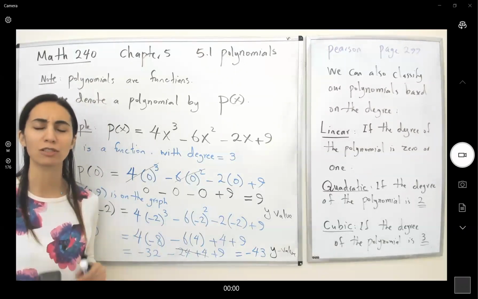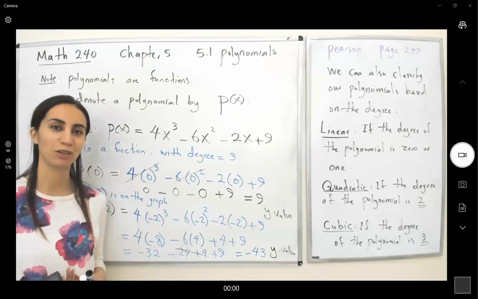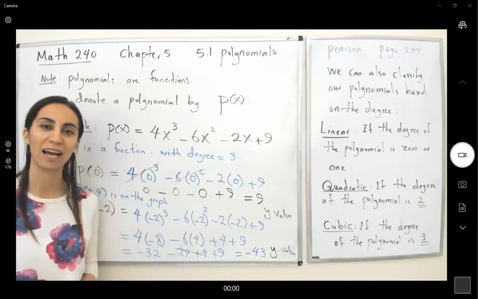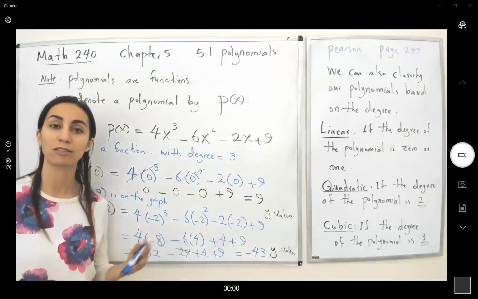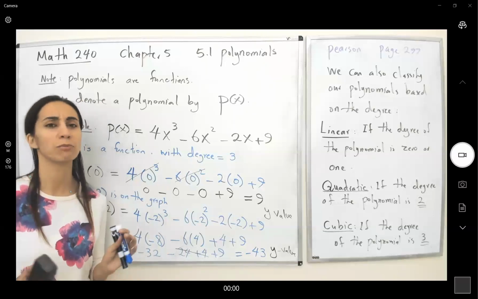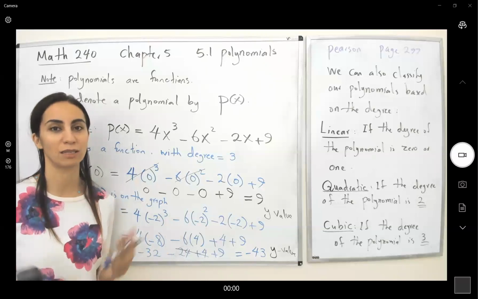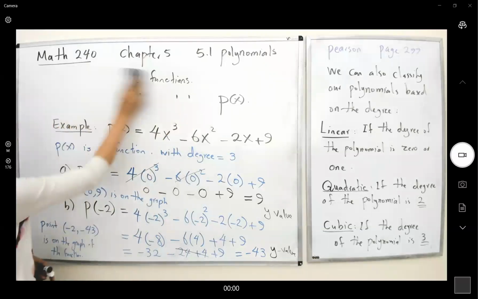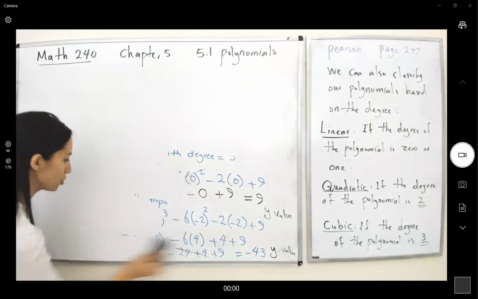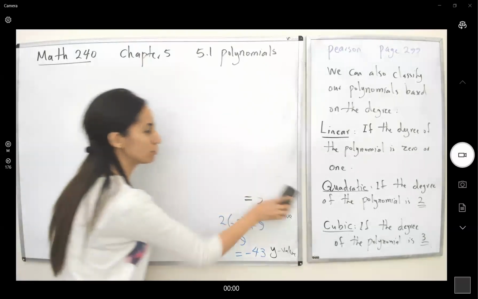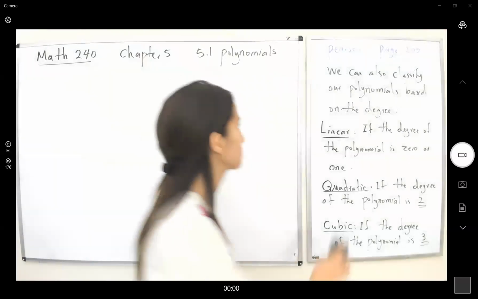Since polynomials are just another example of functions, you can apply all the operations that you had for any regular function, like addition, subtraction, division, multiplication, and composition. You can apply all of them here. So this is our goal now. Our goal is to combine polynomials and actually create a new polynomial.